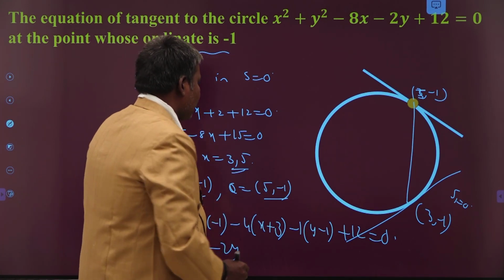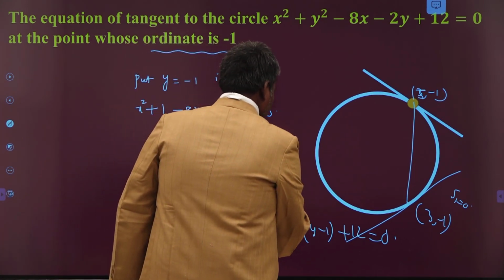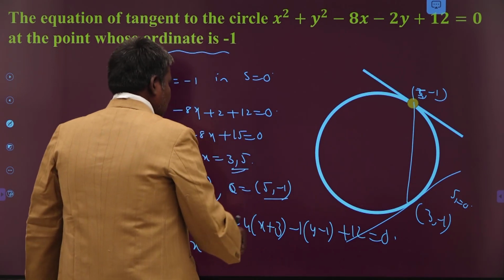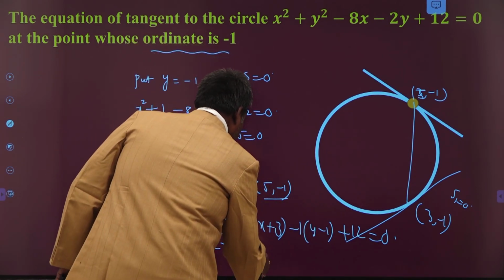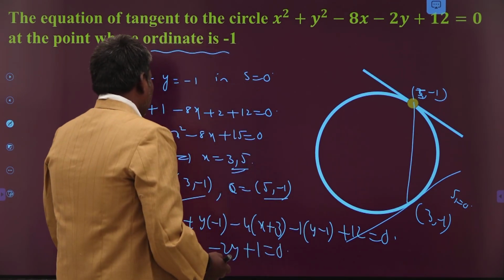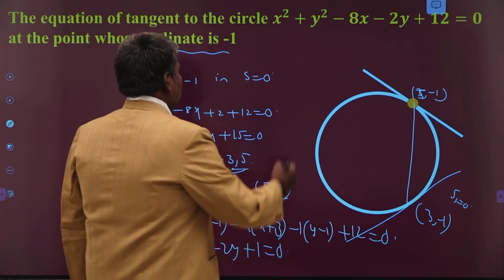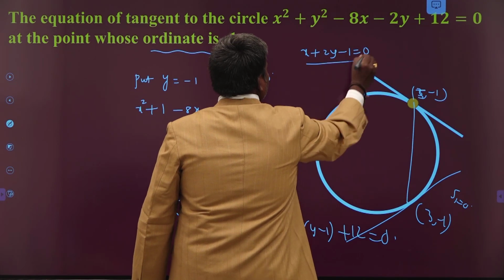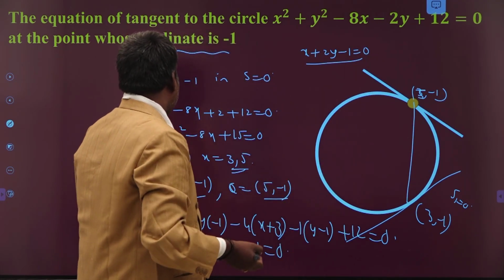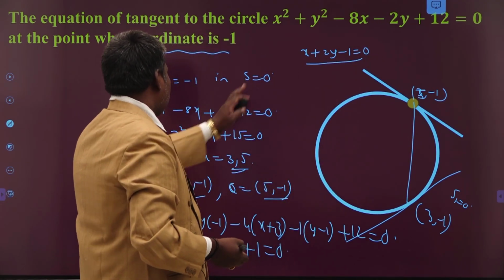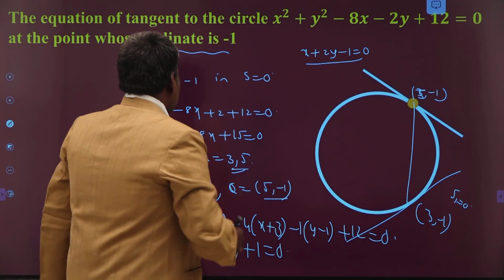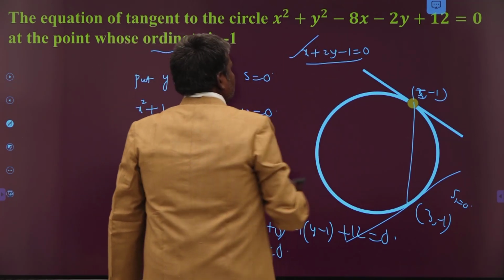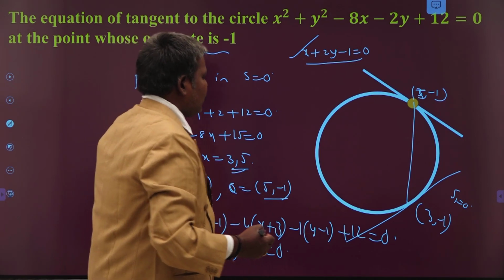Again this is minus 12 plus 12, which gets cancelled, plus 1 equal to 0. We get x plus 2y minus 1 equal to 0. Whether it is correct or not, you can substitute the point. What is the point? 3 minus 1. 3 minus 2 minus 1. Correct, the point satisfies.